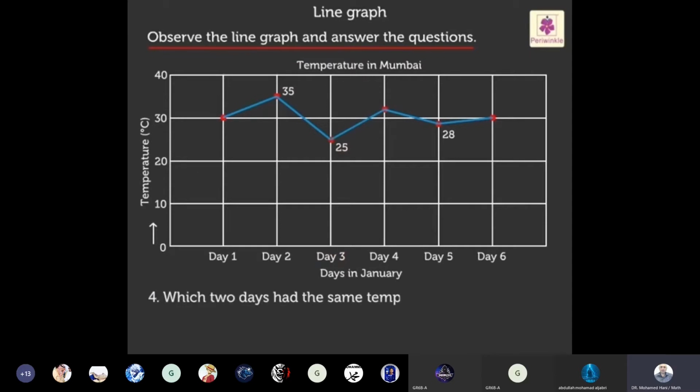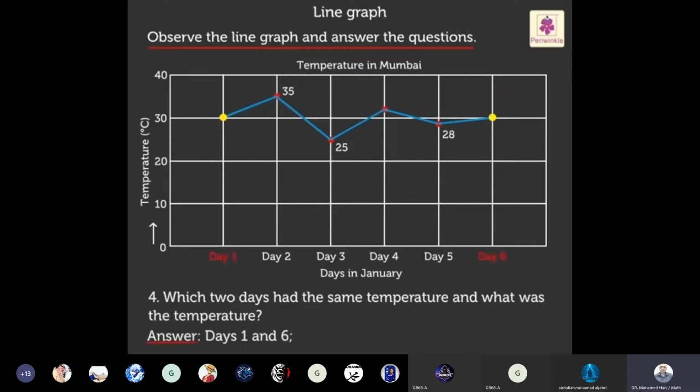Which 2 days had the same temperature and what was the temperature? Looking at the data points, we can say that day 1 and day 6 have the same temperature. And the temperature corresponding to the data point is 30 degrees Celsius.